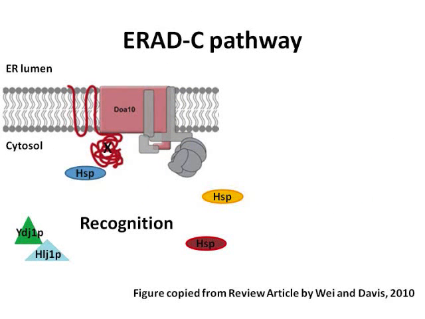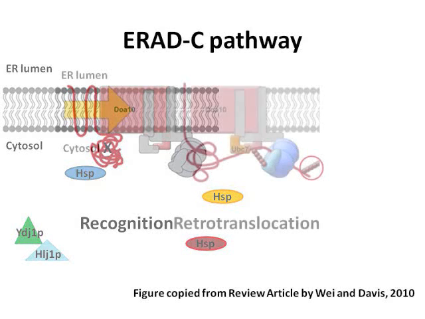This is the ERAD-C pathway. For the membrane proteins that are misfolded in the cytosolic domain, indicated by the black X, chaperones within the cytosol, such as heat shock proteins HSP42, HSP26, and HSP70, and co-chaperones YDJ1P and HLJ1P are ERAD-C substrate specific and stabilize the cytosolic misfold for transport to the DOA10 ubiquitin ligase complex, which recognizes the misfold and ubiquitinates the protein.